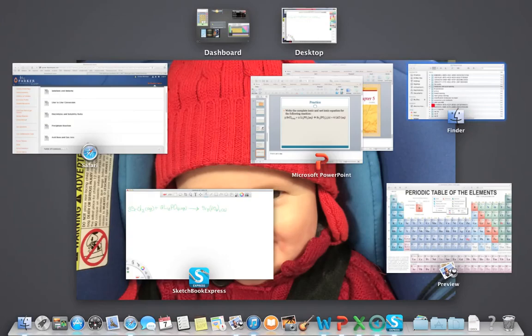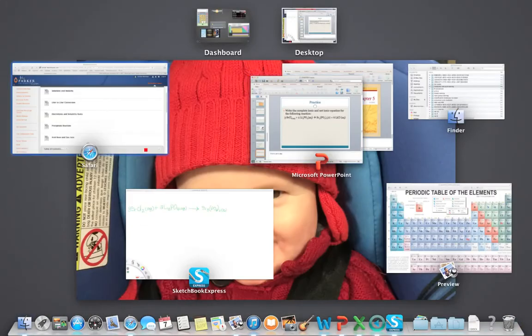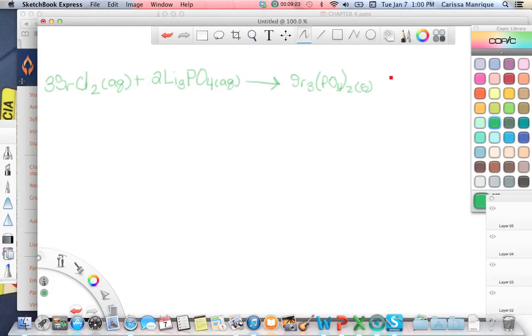And then 6 lithium chlorides, plus, and this is aqueous. Usually in a problem, what it'll say is write the net ionic equation.